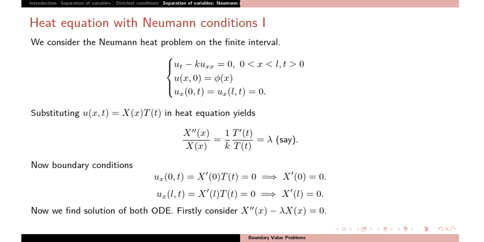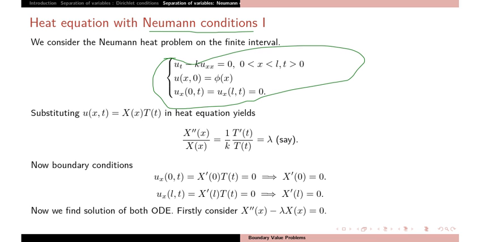So now we move to the heat equation with the Neumann conditions. Again you have the heat problem with the same condition phi x, but the derivatives ux(0,t) and ux(l,t) are both 0, and use separation of variables in the same manner. So X dash at 0 and at l are 0, similar to the wave equation.